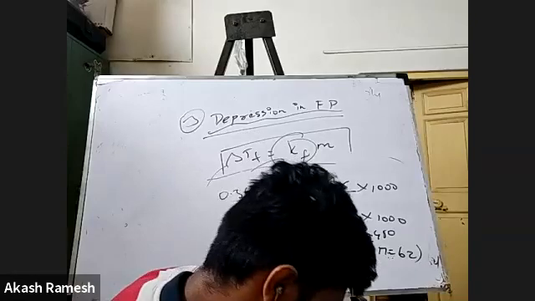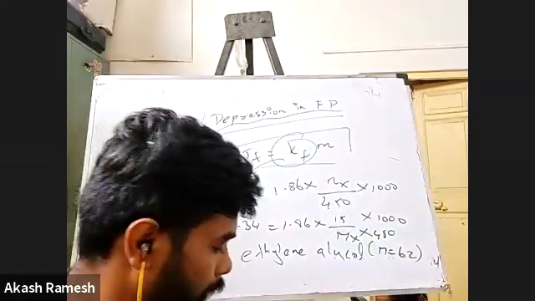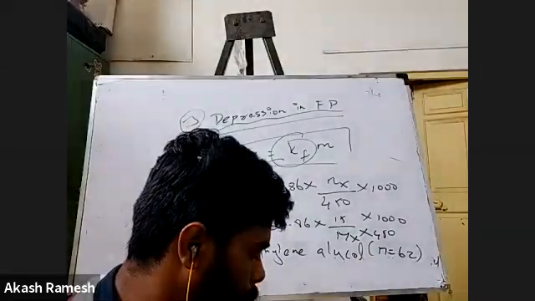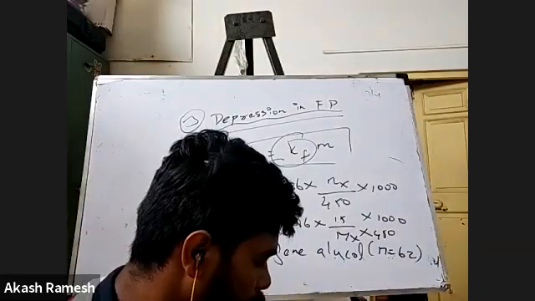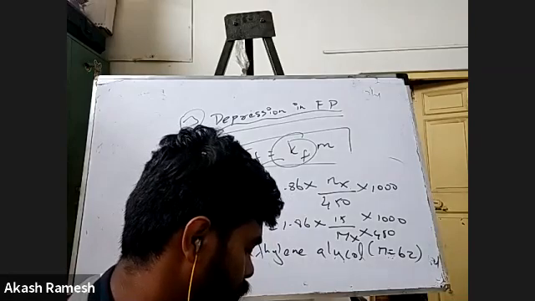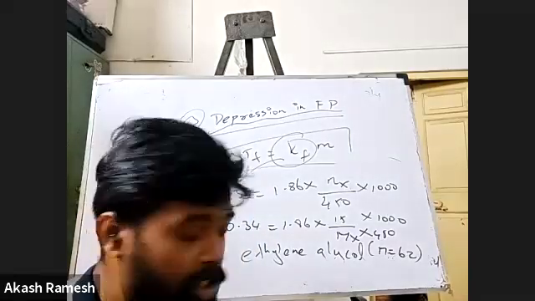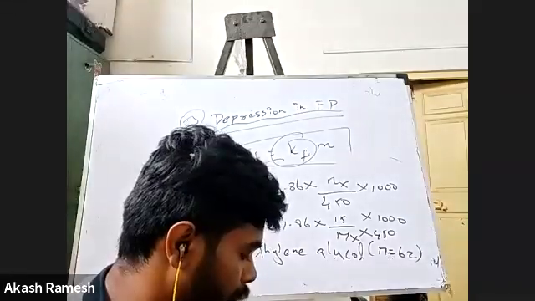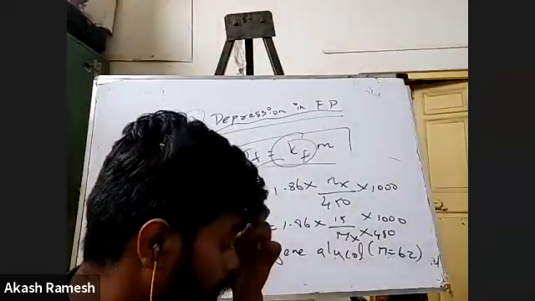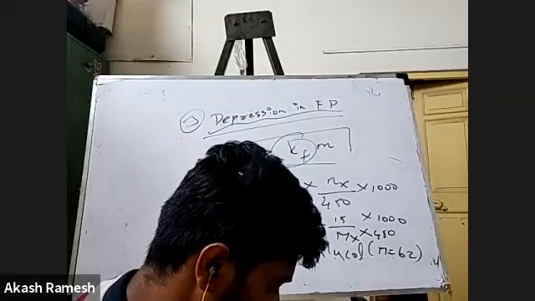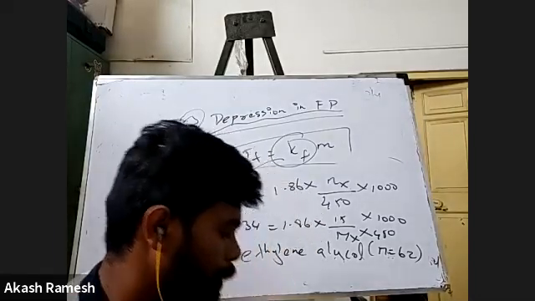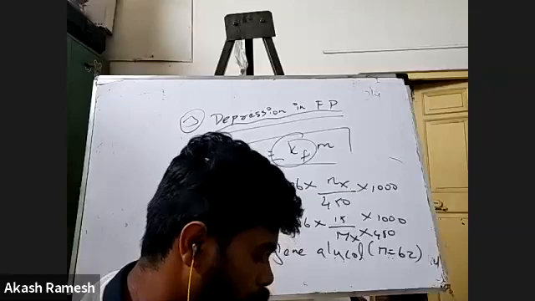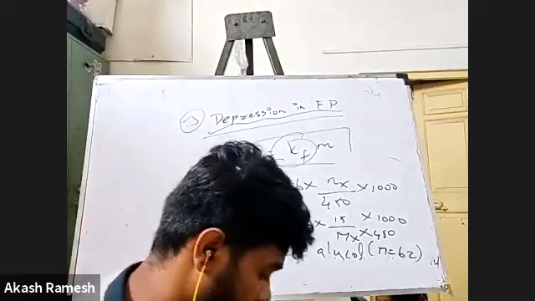Okay, fine. So what mass of ethylene glycol must be added to 5.5 kg of water to lower its freezing point to minus 10 degrees Celsius?